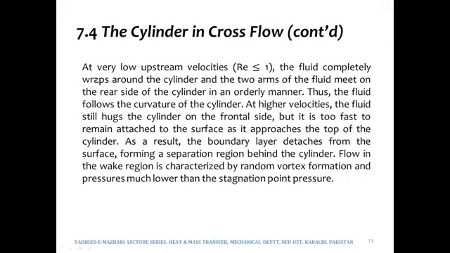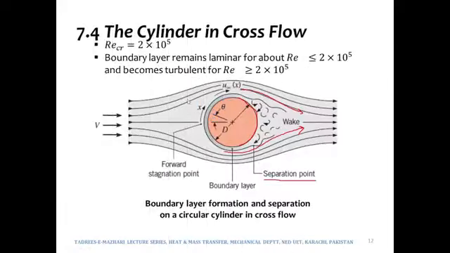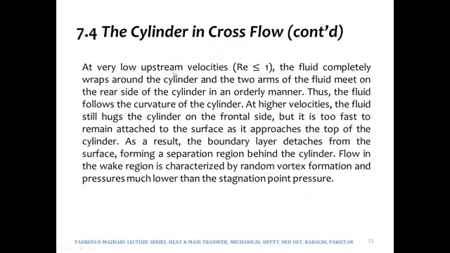As you can see over here, it says that at very low upstream velocities, upstream meaning the velocity before the cylinder, such as here, and this would be considered as the downstream location. If the upstream velocities are very low, giving rise to very low values of Reynolds number, such as less than 1, then the fluid will completely wrap around the cylinder, and the two arms of the fluid will meet on the rear side of the cylinder in a very orderly manner.